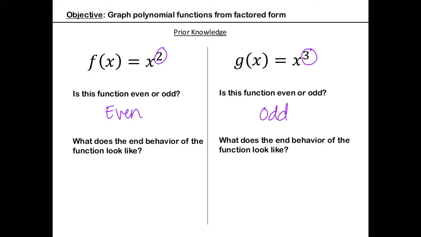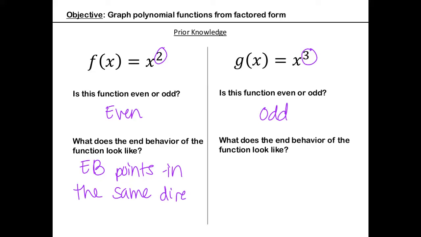Do even functions point in the same direction or opposite direction? Even, were they the same or opposite? The same, right? Even is even on both sides, so they're pointing in the same direction. So end behavior points in the same direction. Which means then that the odd ones were pointing in opposite directions, okay?